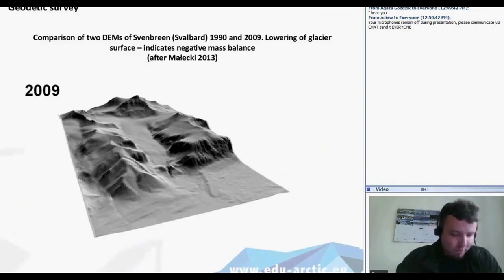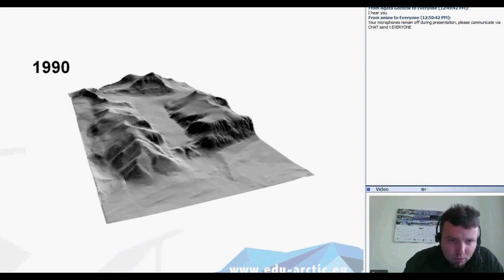So these were glaciological methods, ablation stakes, and measurements of density of snow, so water equivalent. And here there's also a geodetic survey that can be made, so we check the elevation in different years. I see it doesn't work here, but maybe you will see in these slides. So that's the digital elevation model of the terrain.